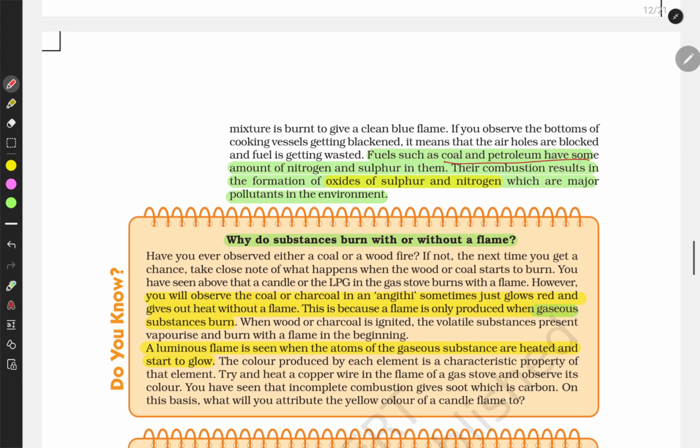Fuels such as coal and petroleum have some amount of nitrogen and sulfur in them, and their combustion results in the formation of oxides of sulfur and nitrogen: sulfur dioxide, sulfur trioxide, NO2, NO3. These are major pollutants in the air and a major contributor to the greenhouse effect.